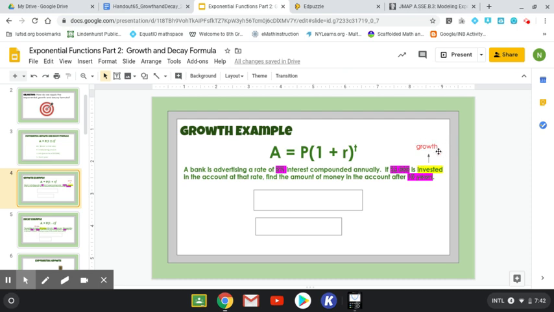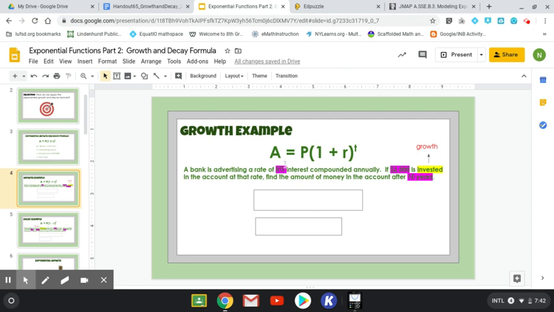That means growth. Okay, so then we're going to break down, and as you can see, I highlighted the 3 pieces of information we need. The bank is advertising a rate of 5% interest. $2,000 is being invested in the account, and we want to find the amount of money in the account after 10 years.